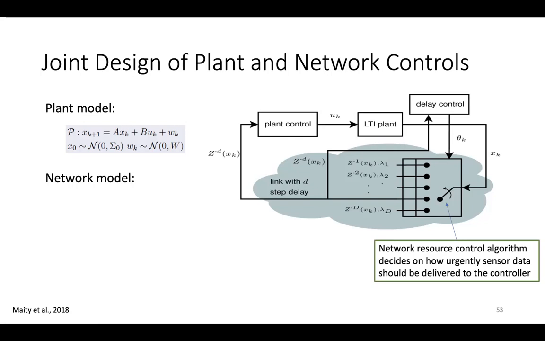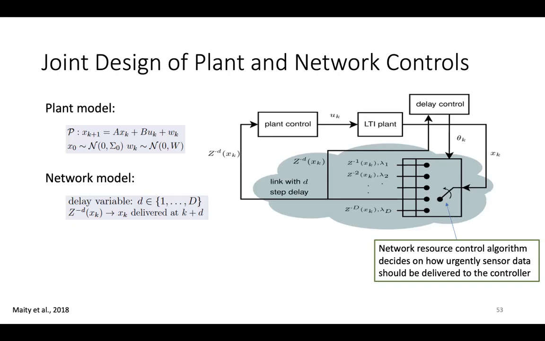We say that we have the capability to regulate the resources of this network in such a way that if we put more resources in, then the message will be delivered in a shorter time to the controller of the plant.